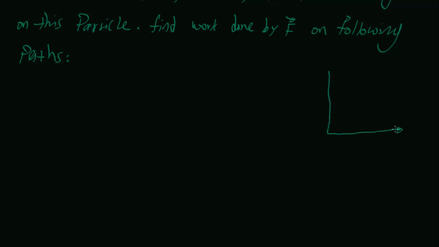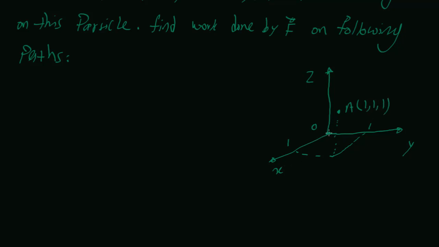So this is again x, y, and z. We are going from point O, the origin, 0, 0, 0, to point A, which is 1, 1, 1. So this is 1 on x, 1 on y, and then we have to go up by 1 here. This is point A, 1, 1, 1.